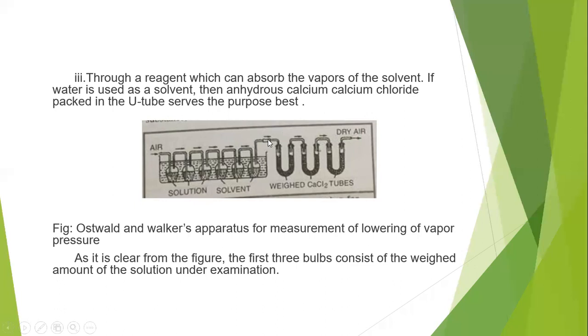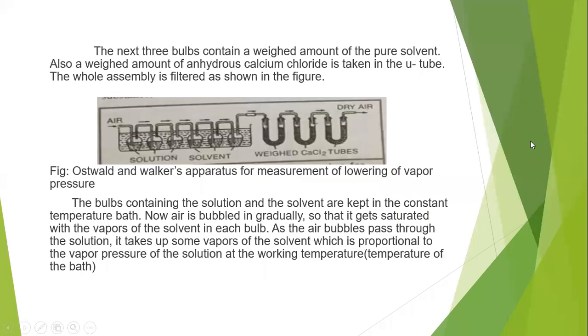The solvent which evaporates is absorbed in the calcium chloride U-tubes, which have to be weighed, and using that weight we find the vapor pressure of the solution and the solvent by the Ostwald-Walker's method.